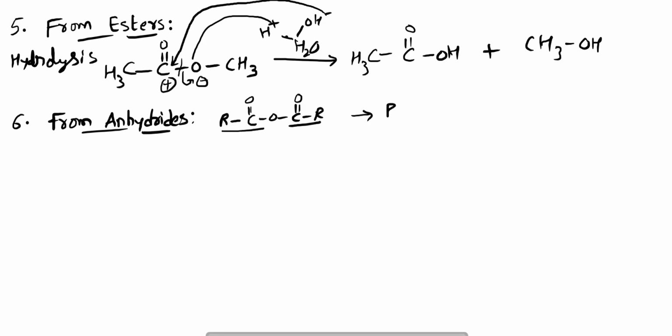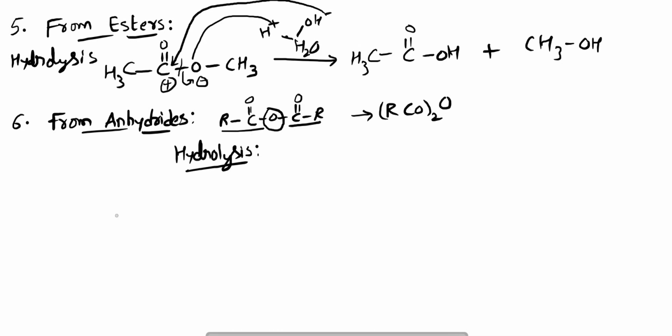That is why we write like this: RCO taken twice with O. With one oxygen, if two functional groups are attached, we call that an anhydride. Even anhydrides, when you react with water, then only we get carboxylic acids. It is also said to be hydrolysis.